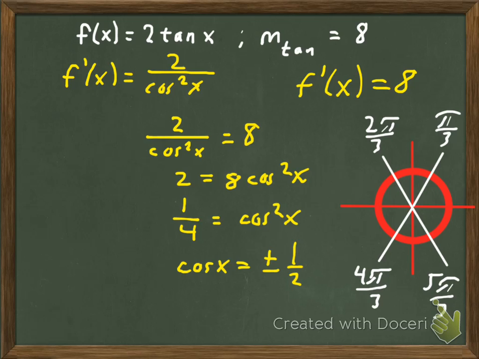Okay, and since each of these values solve this equation when we set the derivative equal to 8, that means these are the values of x for which the tangent line would be parallel to that other line whose equation I gave you before. Our answers then, there are 4 of them on the interval that we're looking for. We'll go and summarize those right now.